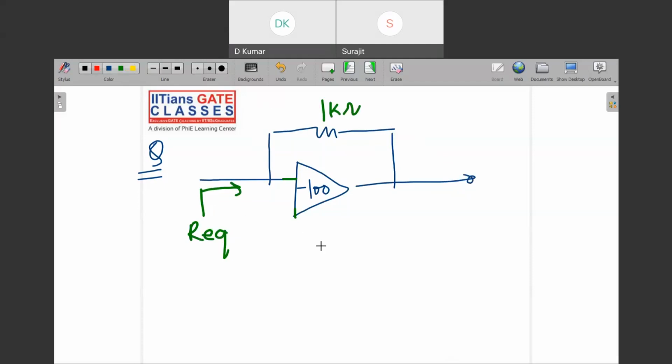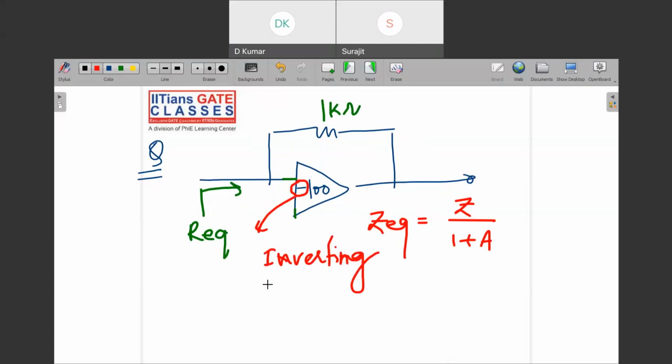Now, if you want to find Z equivalent, what is Z equivalent? Z equivalent means Z upon 1 plus A, right? And this negative sign shows that it is an inverting amplifier. Understand? So you don't have to take this negative sign now.